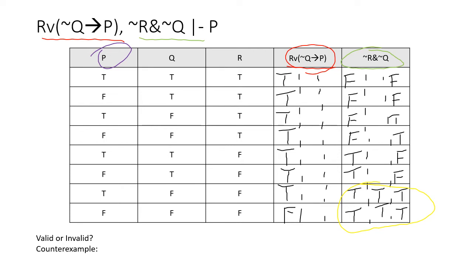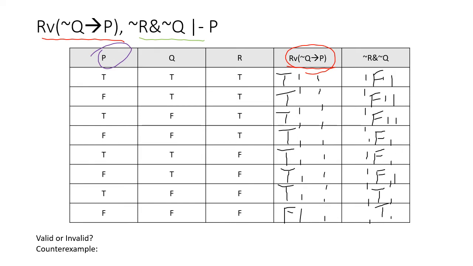And so the rest of these are going to be false. So those are the values for that premise.